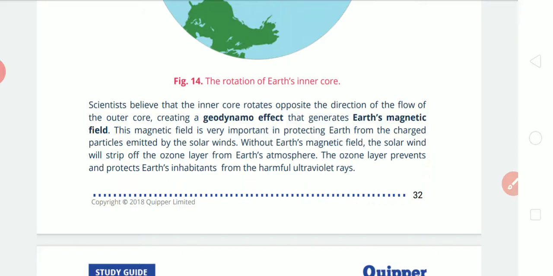Now, since the inner core rotates opposite to the direction of the flow of the outer core, it creates a geodynamo effect that generates the Earth's magnetic field.